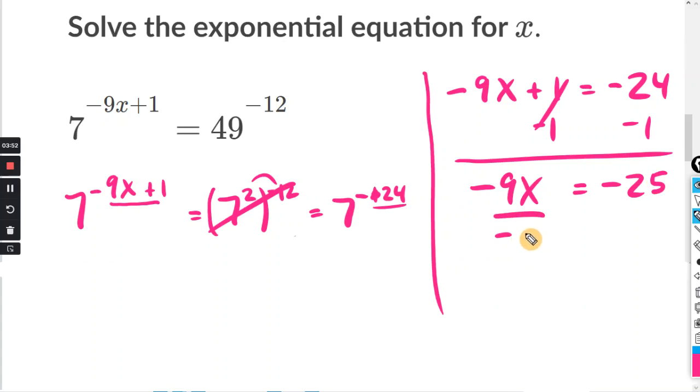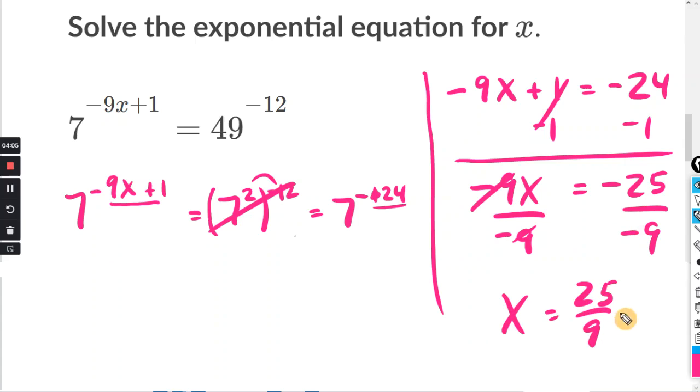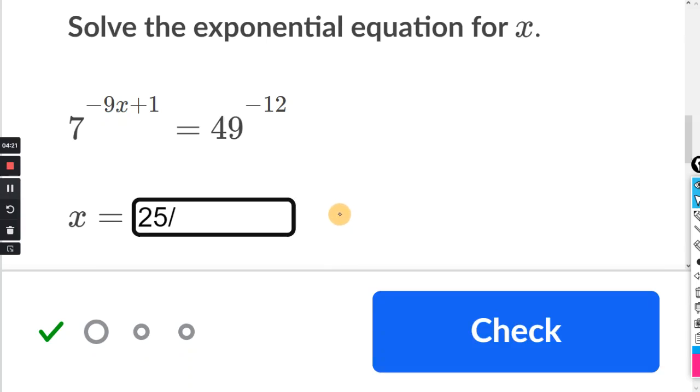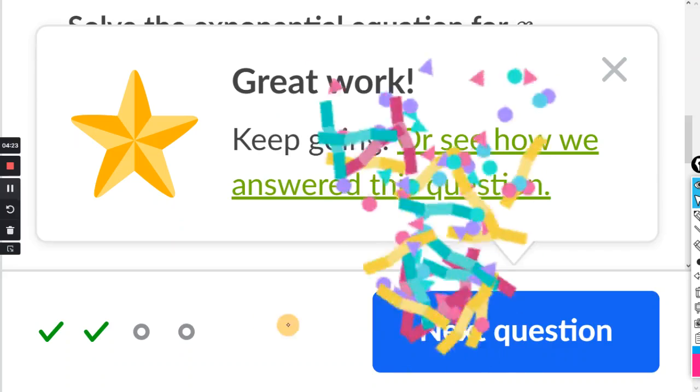And dividing both sides by negative 9, the negative 9's cancel. And of course, negative divided by negative makes it positive. So x is 25 over 9. So make the base numbers match and then match up the exponents. In the box, 25/9.